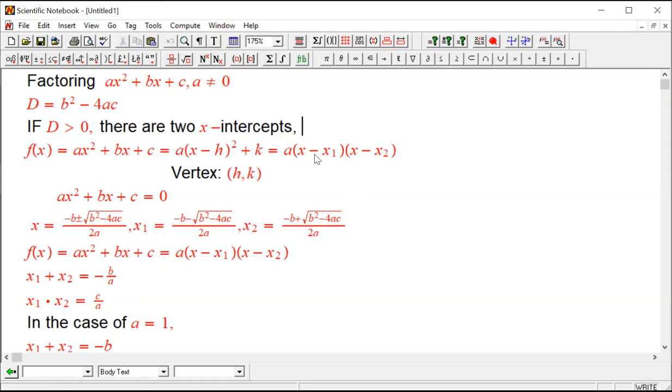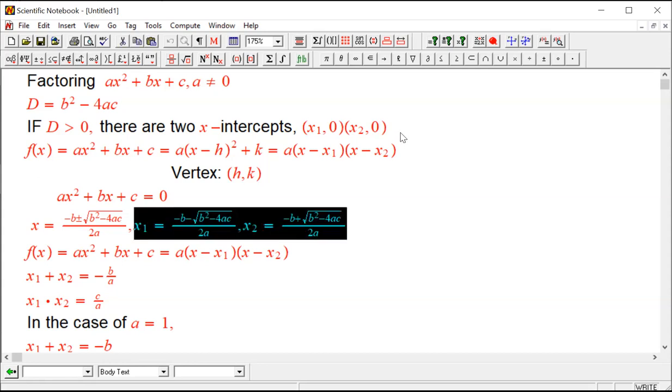The two x-intercepts are (x sub 1, 0) and (x sub 2, 0), and x sub 1 and x sub 2 are given by the quadratic formula.